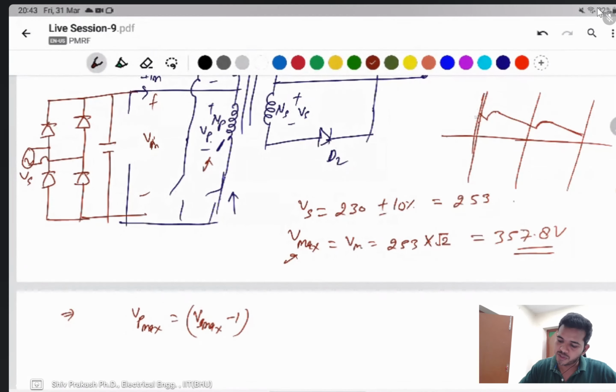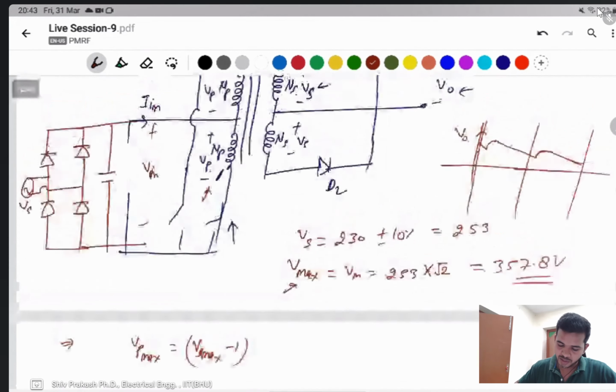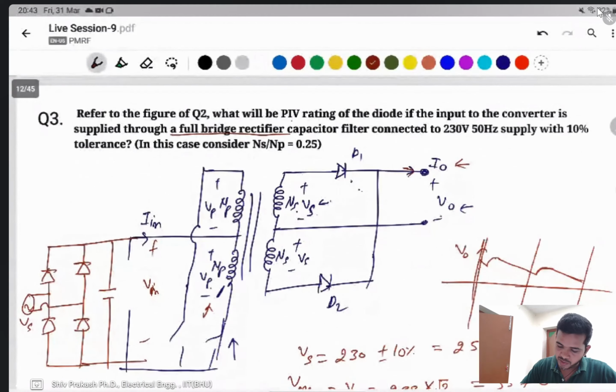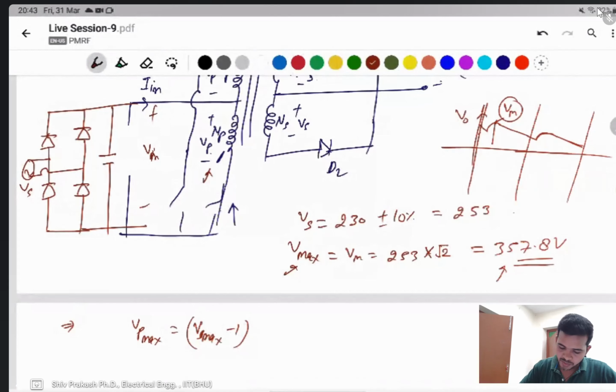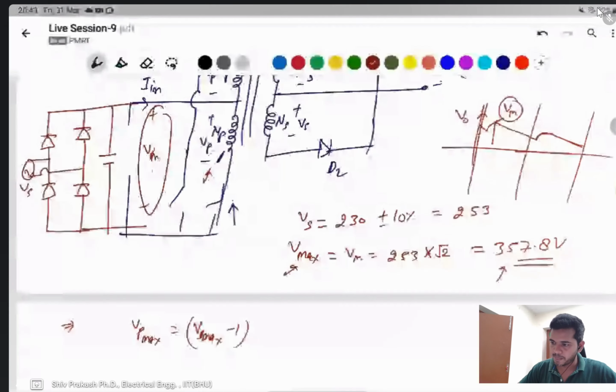This is the output voltage when a full bridge rectifier with capacitor filter is used, and this was the maximum voltage VM only. Then VM I calculated as 357.8 volt. Then VM is the same here, and VP is this voltage minus the switch voltage, 1 volt.